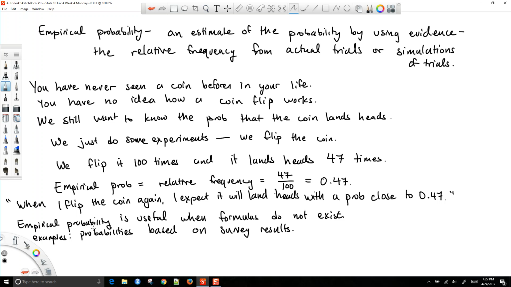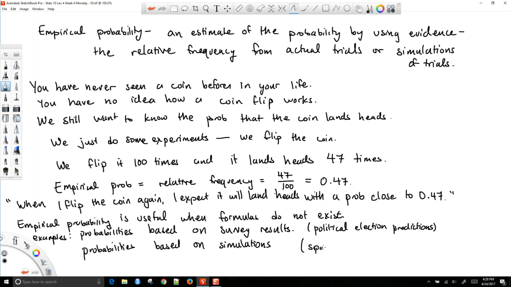Okay, so these would be probabilities based on simulations. So, political election predictions, or sporting event outcomes.